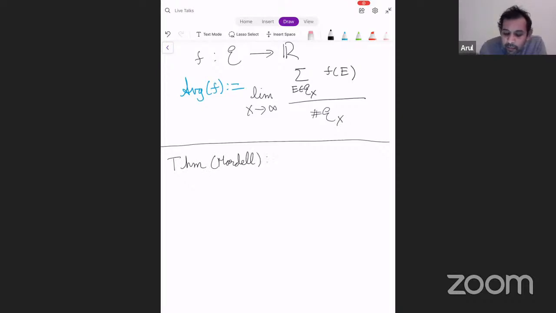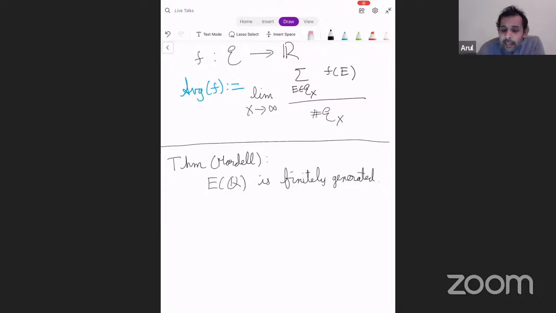This theorem is that if E is an elliptic curve over Q, then E(Q), this abelian group that we've already spoken about, is finitely generated. So it's a finitely generated abelian group.